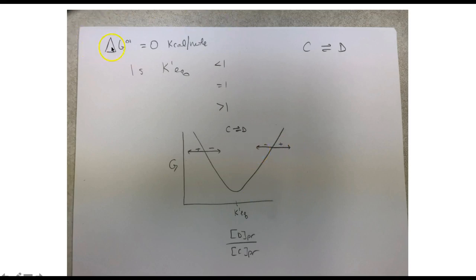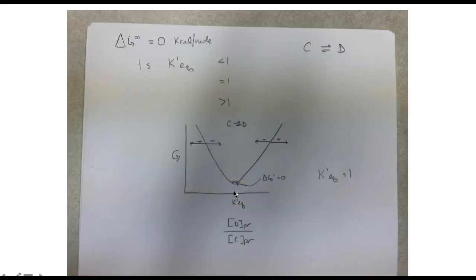Now, we're told that the standard free energy change for this reaction is 0. So where on this graph is the free energy 0? Well, the free energy change is going to be 0 at the lowest energy point of this reaction, when we are actually at equilibrium. It is at this minimum of this curve that the delta G for the forward and reverse reaction equals 0.